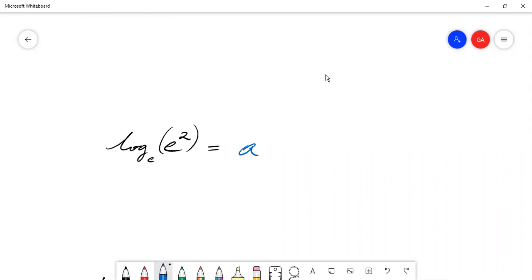I'm using a because it's an easy letter. And then I would rewrite this in exponential form, and that would be e, here's my base, e, to the power of a is e squared. And clearly, the only a that satisfies this equation is 2. You need the left-hand side to match the right-hand side in an equation, and letting a equal 2 does the job.